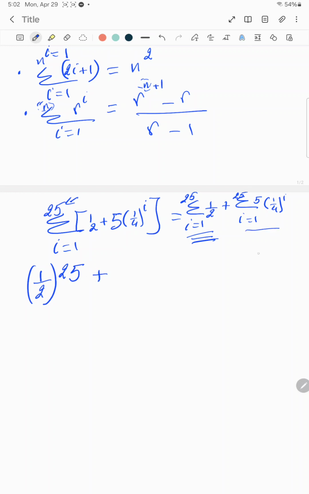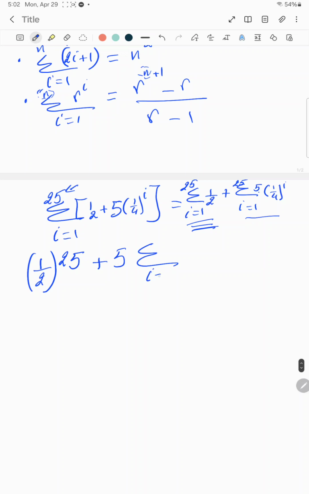Plus, now I want to work with this. Since there is no i in my 5, if the 1/4 changes, the 5 always remains the 5, so I can take it outside my sigma notation. So I have i equal 1 to 25 of 1 over 4 to the power of i. And here I want to apply this formula.